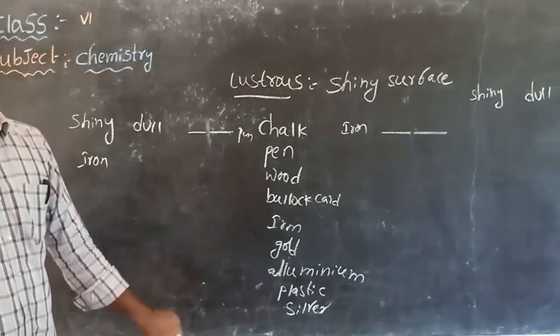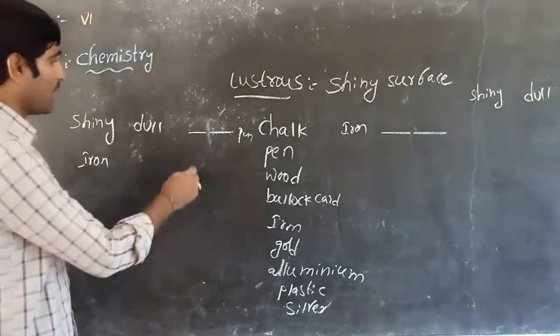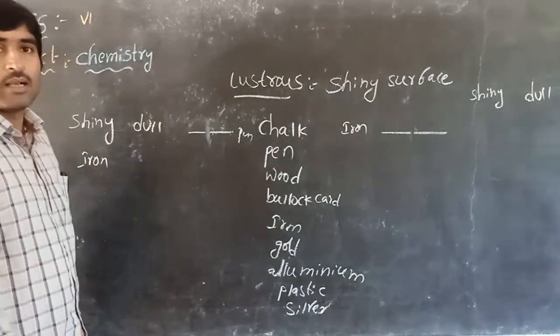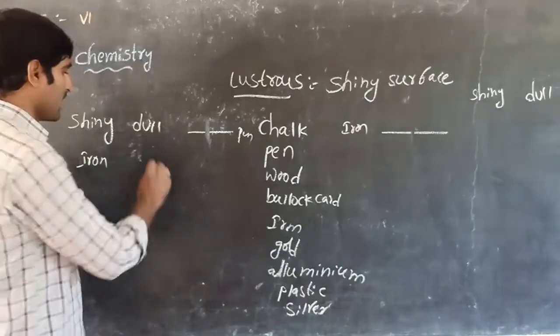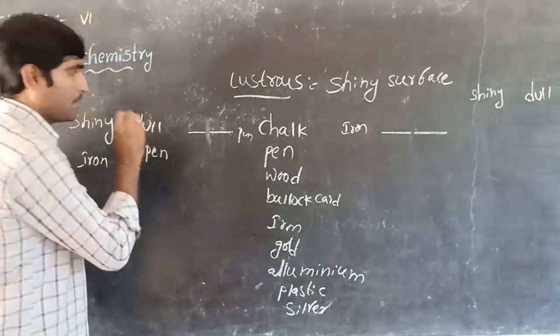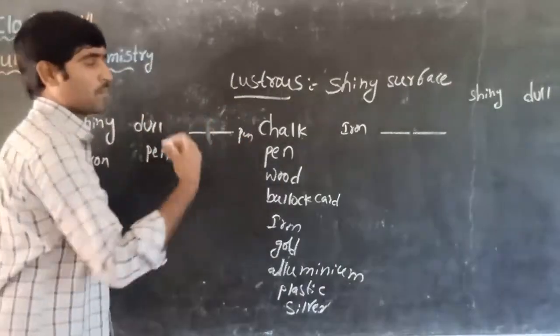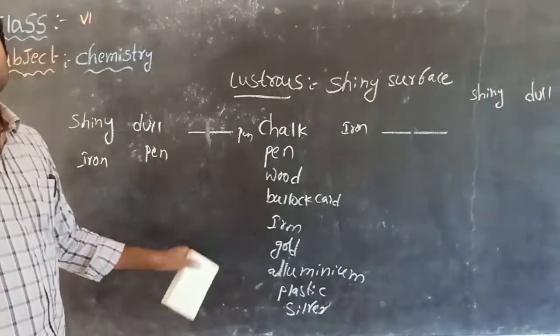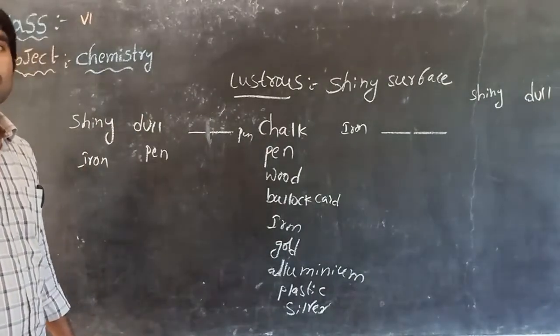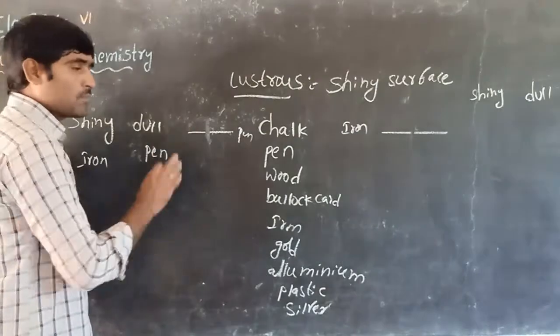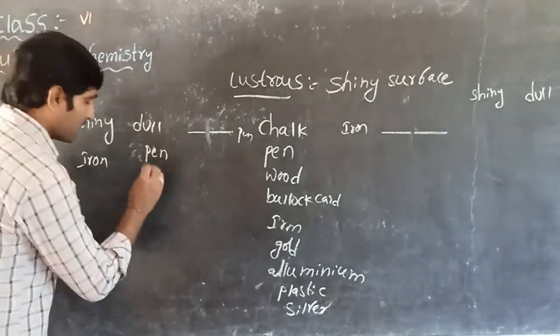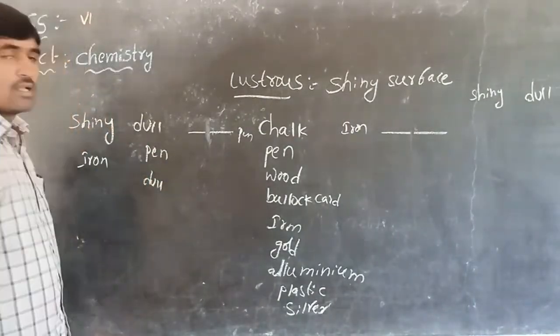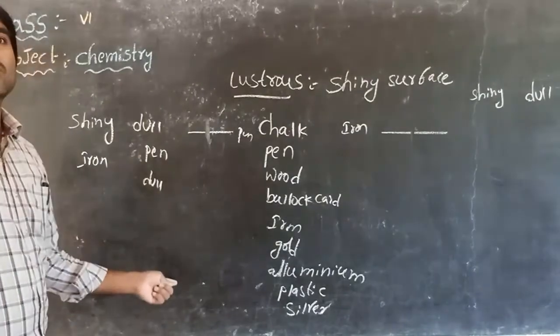If it does not have any shiny surface, then write here: pen has a dull appearance. Next take a chalk piece. Cut the chalk piece into halves. Observe if it has a shiny surface or not; if not, write dull. Like that you are doing your experiment.